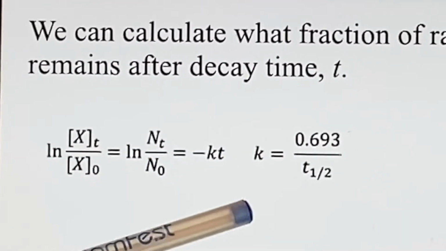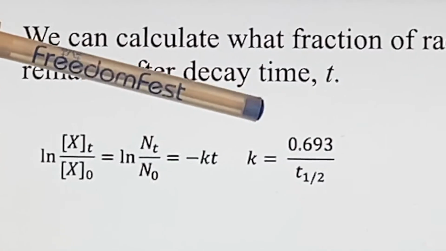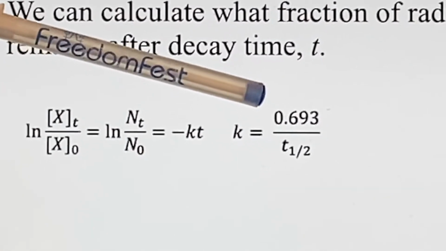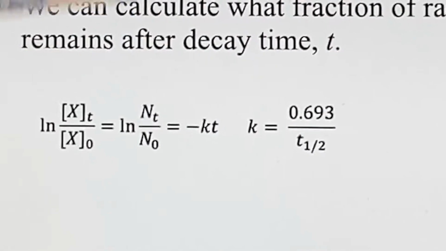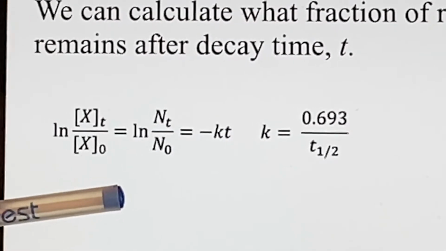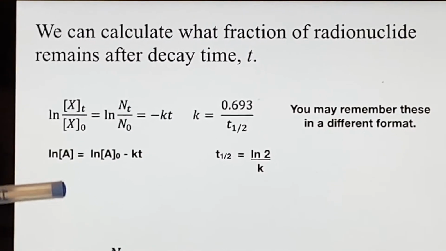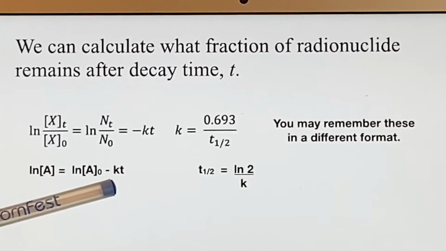And k here, this is the natural log of the number 2, the 0.693. So that's what you get. And you might remember them in this format, which is quite similar. Here's the minus kt.